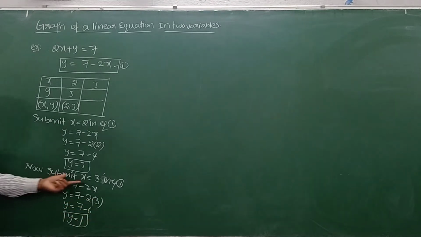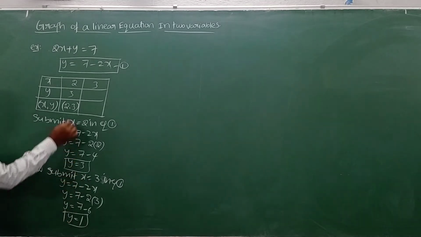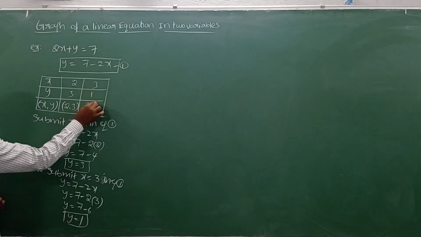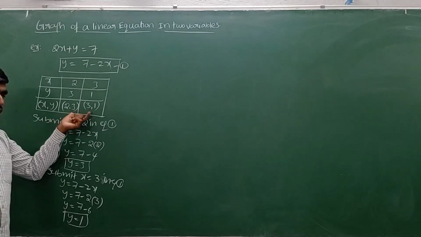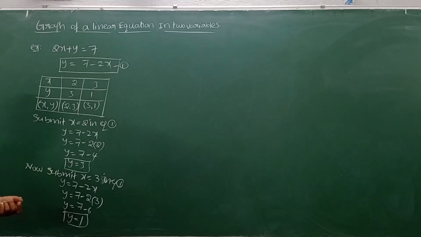By taking x = 3, I got the corresponding y value 1. So the ordered pair is (3, 1). Like that we need to find the solutions, like a regular algebraic method.